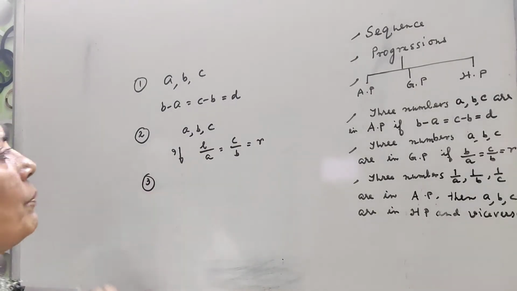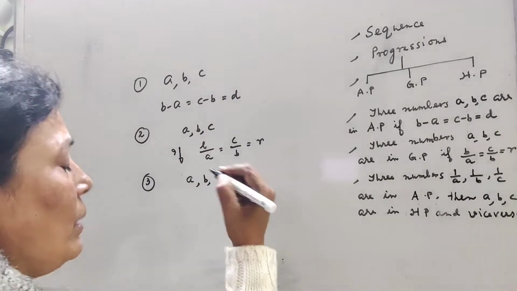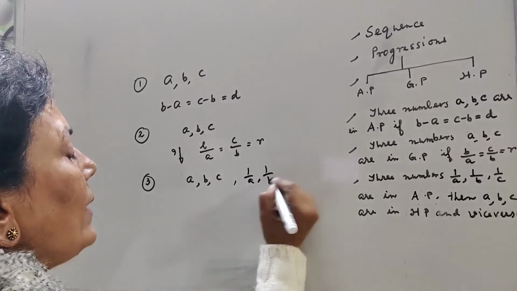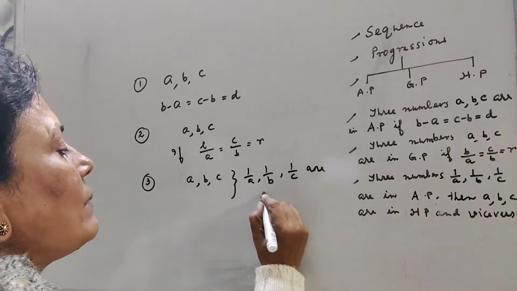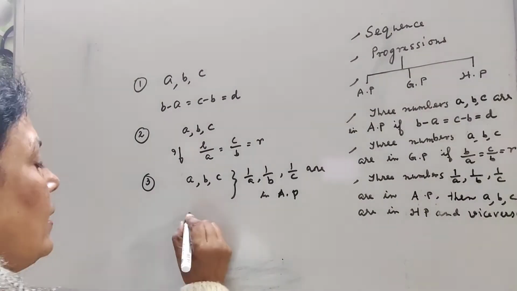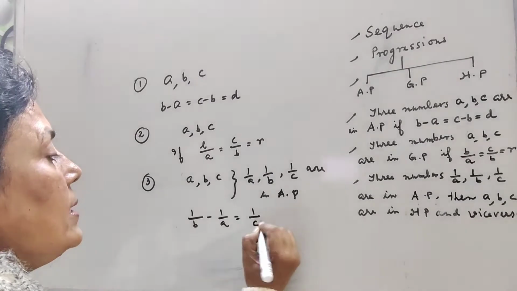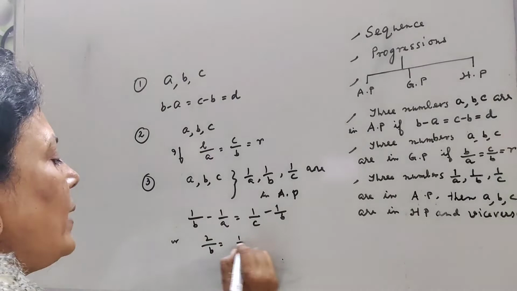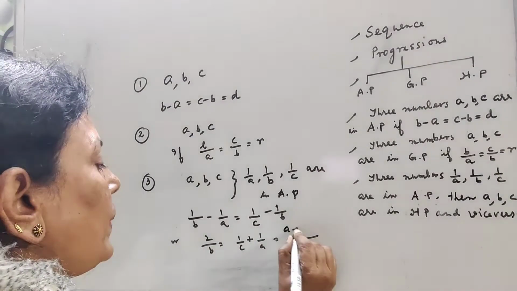Again, what is meant by harmonic progression? A, B, C, these three numbers will be in harmonic progression if 1 by A, 1 by B, and 1 by C are in AP. That implies, since these three are in AP, 1 by B minus 1 by A is equal to 1 by C minus 1 by B, or 2 by B is equal to 1 by C plus 1 by A, that is (A plus C) by AC.